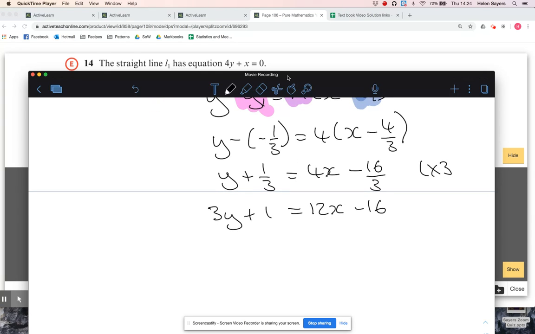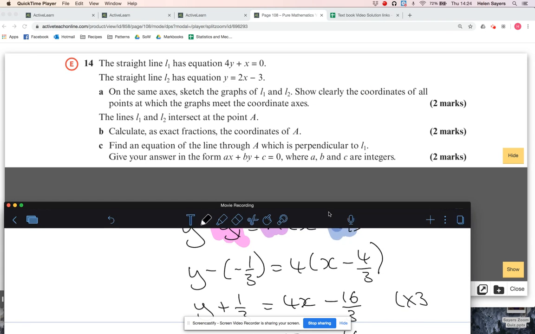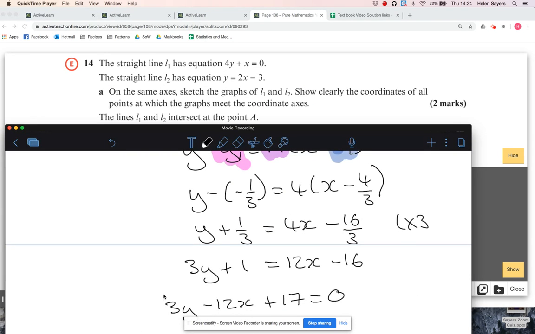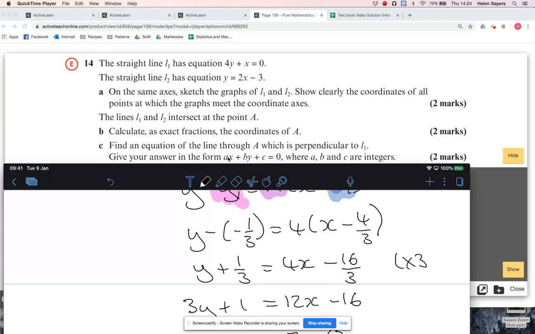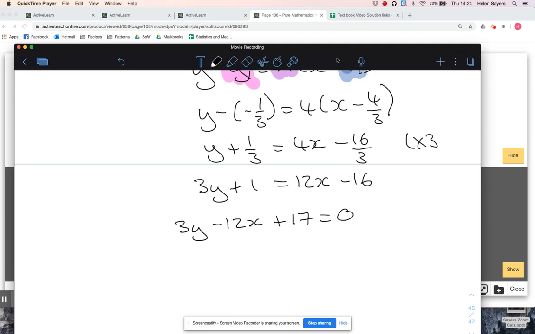And then they want everything over to the left-hand side. Okay, so just double check. I think, yeah, it's not going to matter that I've got my y term first and they've said x first. As long as everything's on the same side equal to 0 and everything's integers, that's fine.